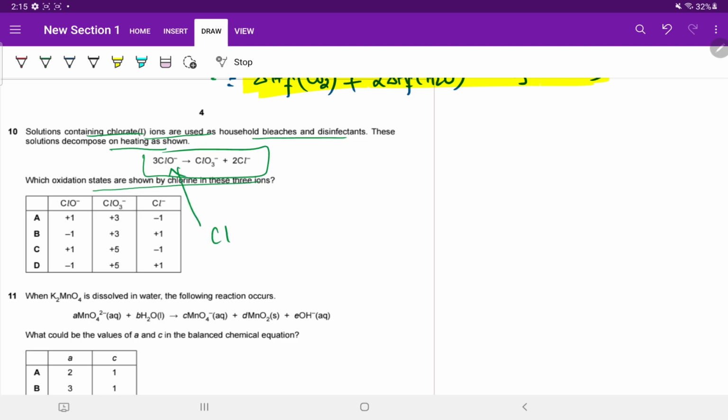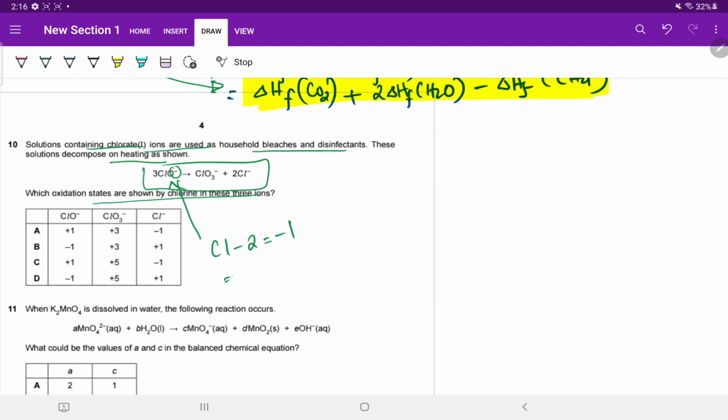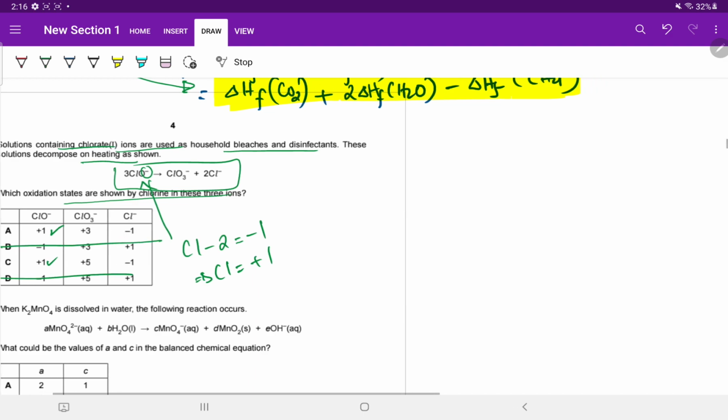We know oxidation state of oxygen is -2, and the overall charge here is -1. So over here chlorine is equal to -1 plus 2, which will give us +1. So +1, so option B and D can be eliminated.